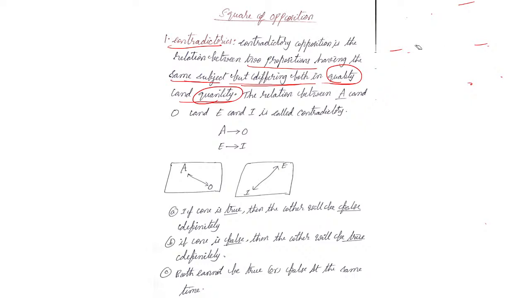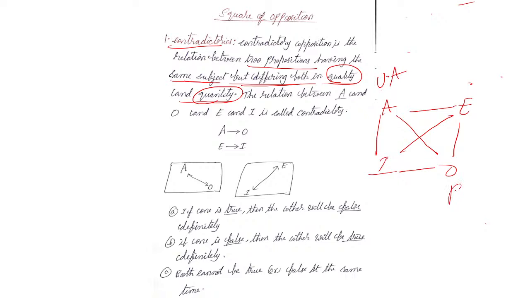The same is happening in E comma O also. A, E, I, O, right? These two and these two are contradictory. This is universal affirmative. This is particular negative. This is also universal negative, and this is particular affirmative.